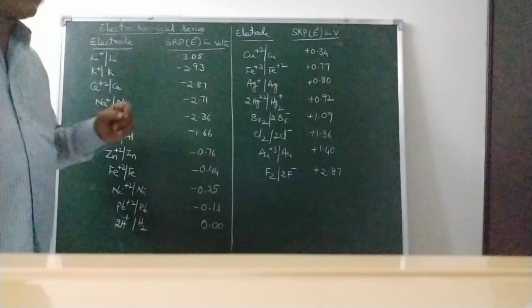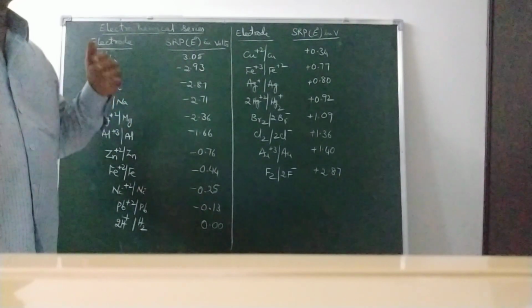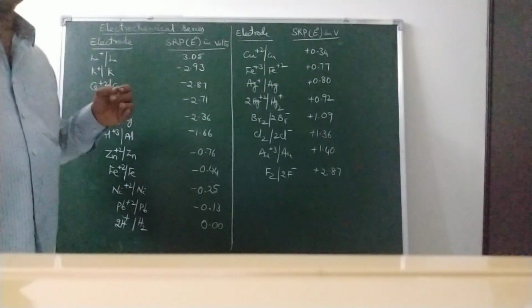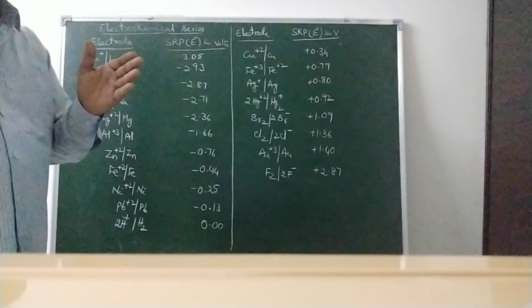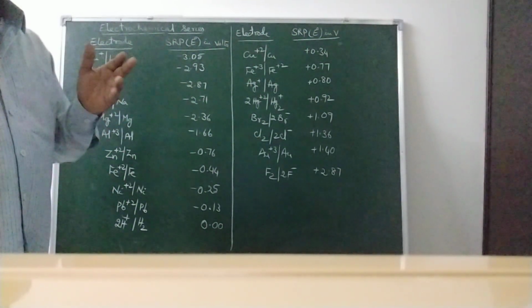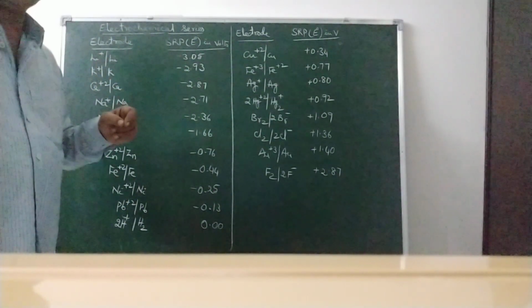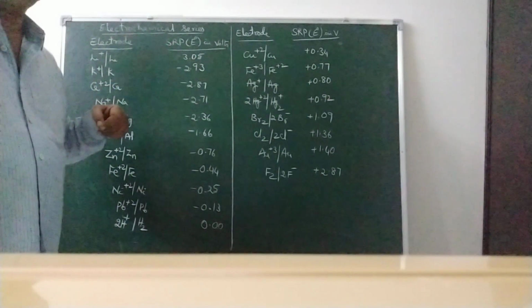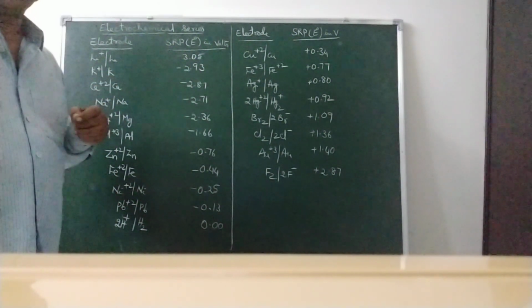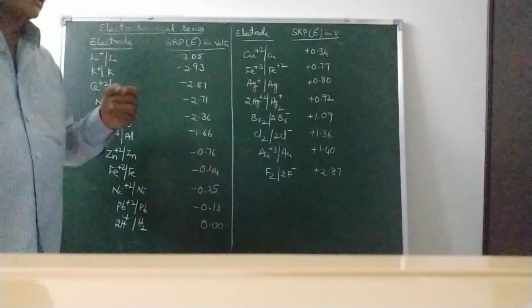What is the use of the electrochemical series? In the previous class we discussed that in the Daniell cell copper acts as a cathode. If that copper electrode is connected to a silver electrode, then the copper electrode acts as an anode. So how can we say whether a given electrode acts as a cathode or anode?